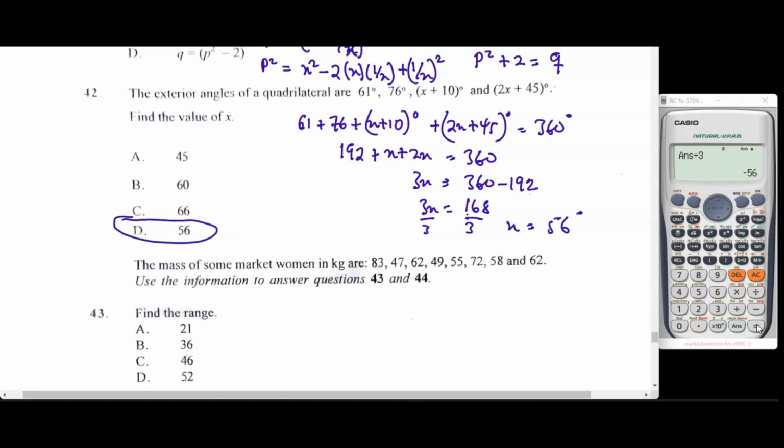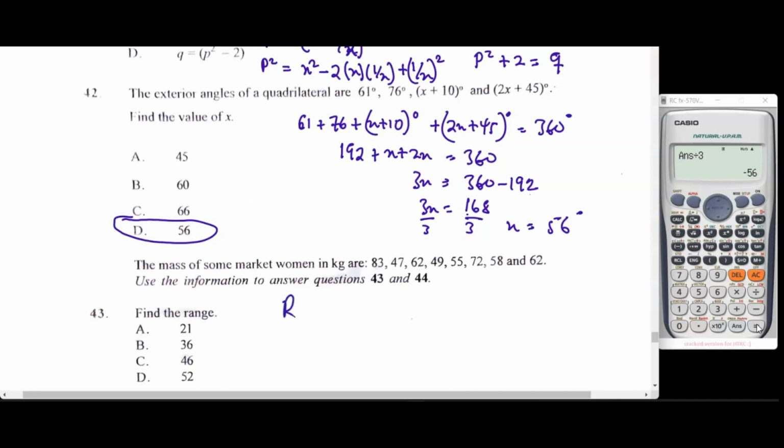Coming to question number 43, the masses of some market women are in kilograms, and they are as follows: 83, 47, 62, 49, 55, 72, 58, and 62. Use the following information to answer questions 43 and 44. Find the range.